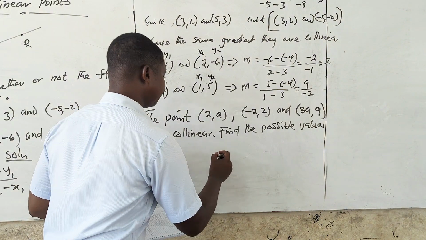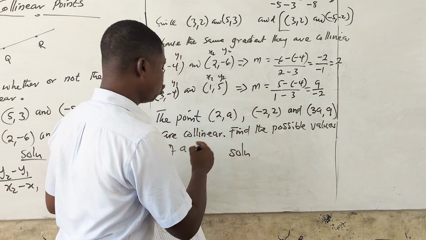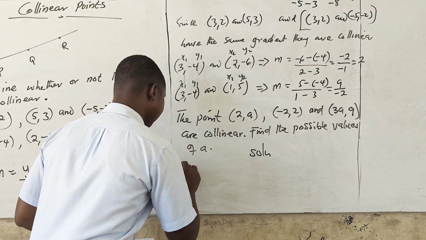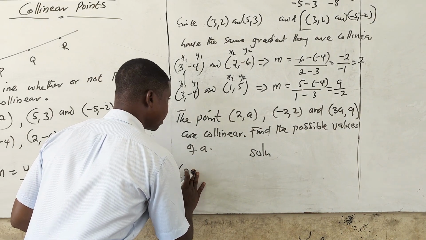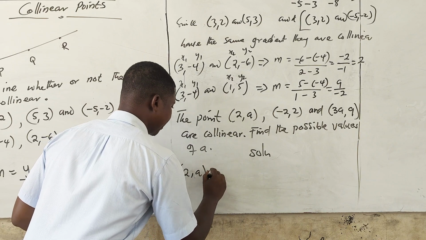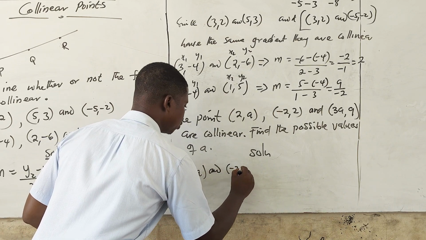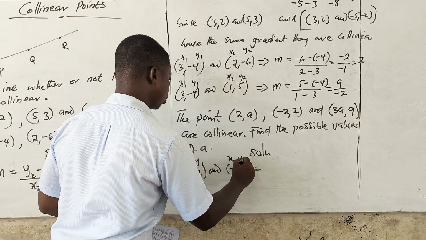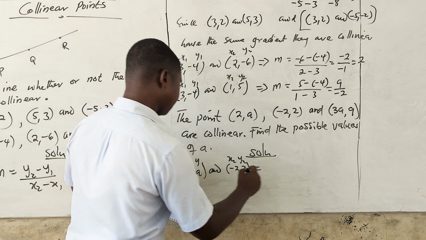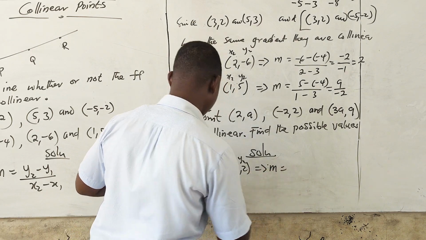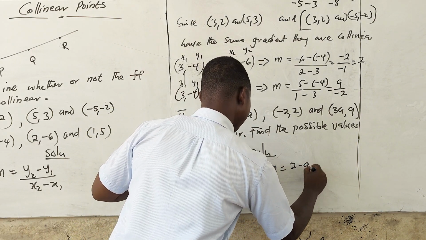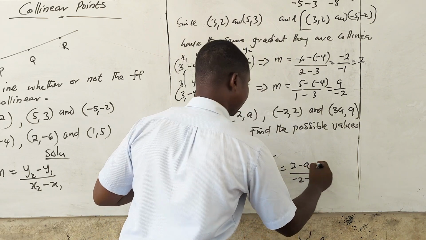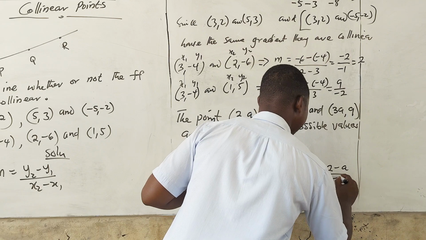So now let's find the gradient of (2, a) and (-2, 2). These are x1, y1, x2, y2. So with this, our m is equal to 2 minus a over negative 2 minus 2, which will give us 2 minus a over negative 4.